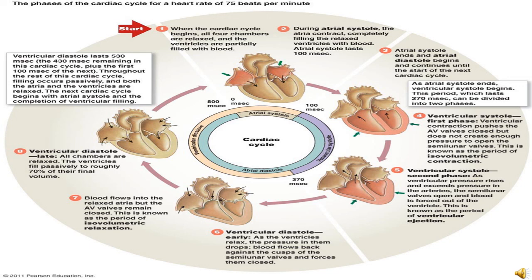Throughout the rest of this cardiac cycle, the filling occurs passively and both the atria and the ventricles are relaxed. The next cardiac cycle begins with atrial systole and the completion of ventricular filling.